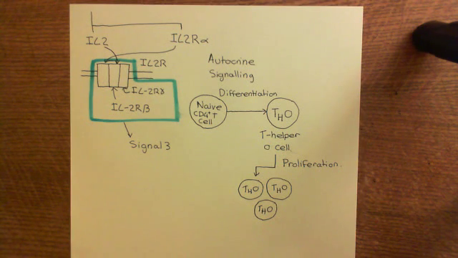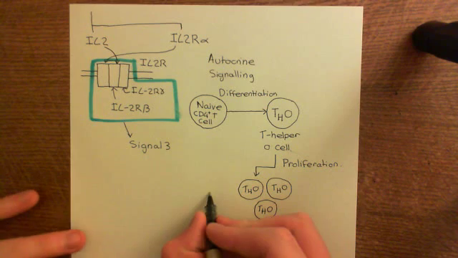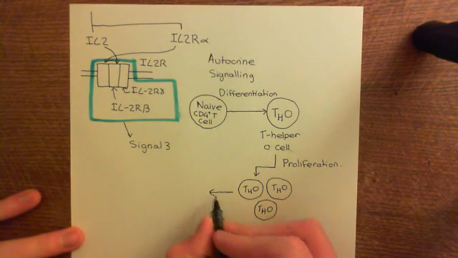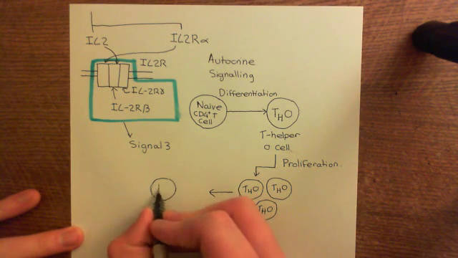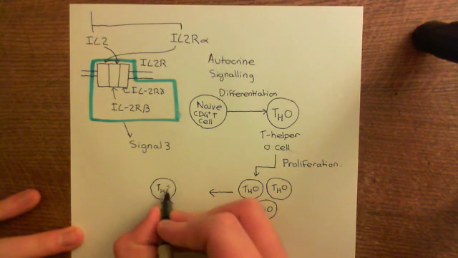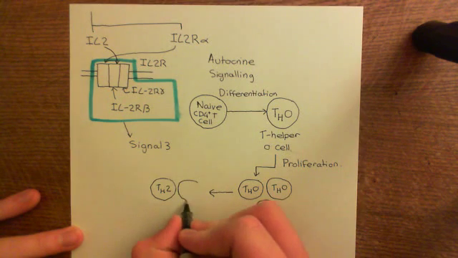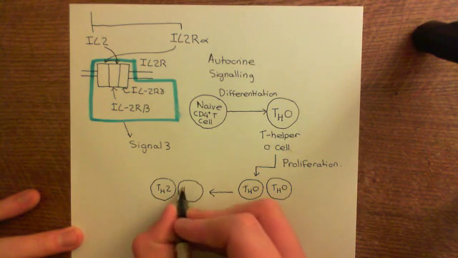Now, the next process that's going to occur isn't well understood. Because the pathogen was extracellular, these T helper naught cells are going to differentiate into T helper 2 cells. Most of them, if not all of them, well, it won't ever be all of them in reality, but as far as our simple little model is concerned, they're going to differentiate into T helper 2 cells.